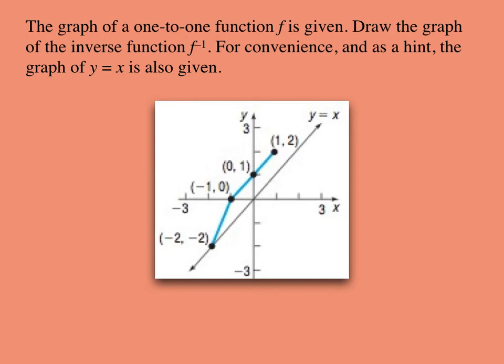Now, some people would have trouble just sketching this freehand without some significant points on the graph. So what I like to do is look at a point of f of x that's already there, the (1, 2), and I want to switch the x and the y. So what I know is that (2, 1) is going to be a point in my inverse function.